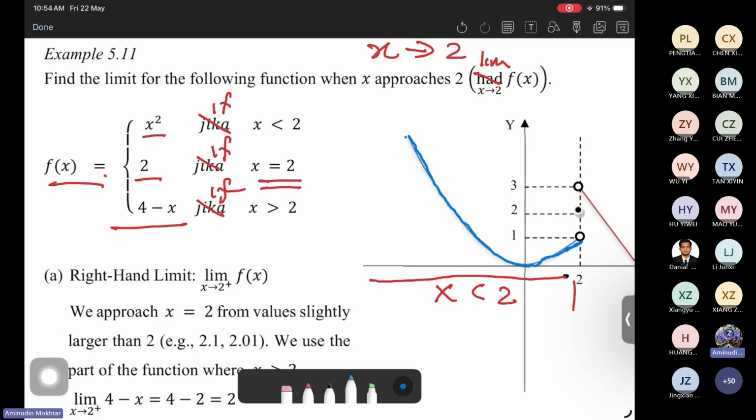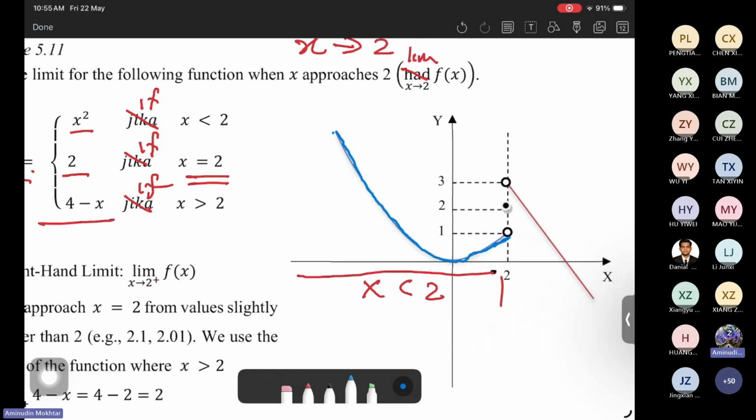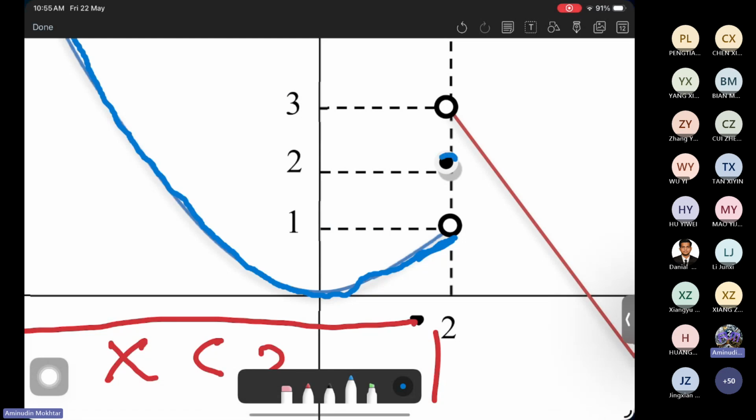But when x equals 2, the value of y is automatically 2. That's why at that point there is one black dot here, to show that the value of y exists at that point when x equals 2.